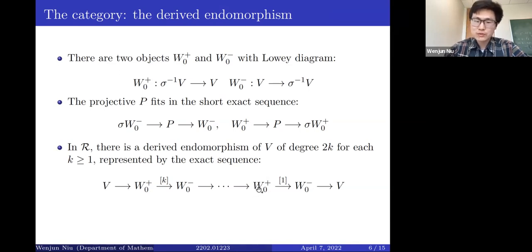W0 plus has a quotient that looks like sigma inverse V, and W0 minus has a submodule that looks like sigma inverse V. So there is a map from W0 plus to W0 minus. And similarly, there is a map from W0 minus to W0 plus. And in R, this genuinely gives you a non-trivial morphism from V to itself of degree 2K. So that is not the same as what we expect, because the Coulomb branch of this theory is trivial.